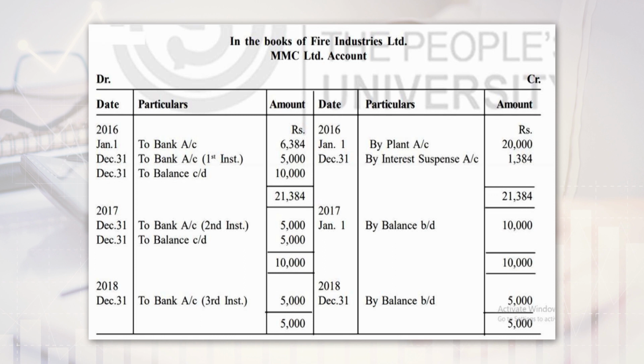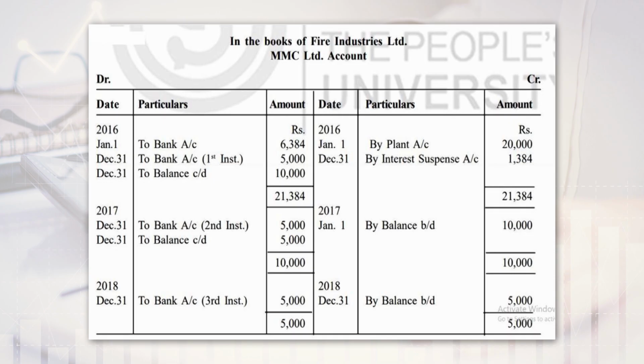Out of 20,000, 6,384 has been paid as down payment at the time of signing of the contract, that is on the very first day of the year 2016. I have already told you that out of this 6,384, 5,000 is the principal and the remaining 1,384 is the total amount of interest, and this total amount of interest has been debited.